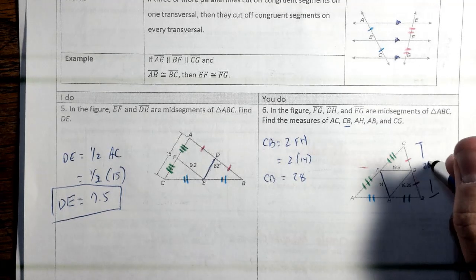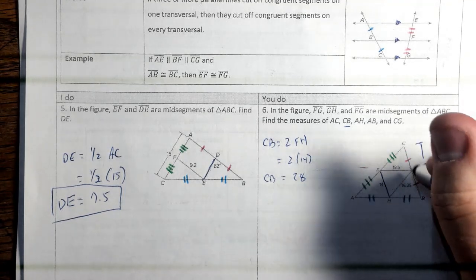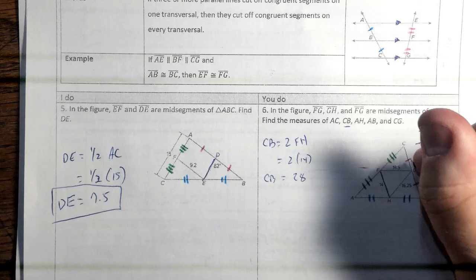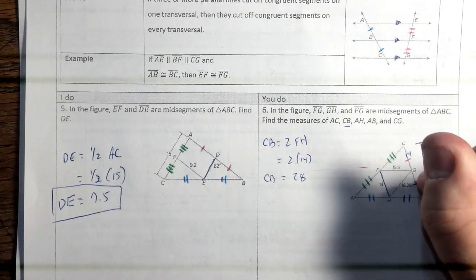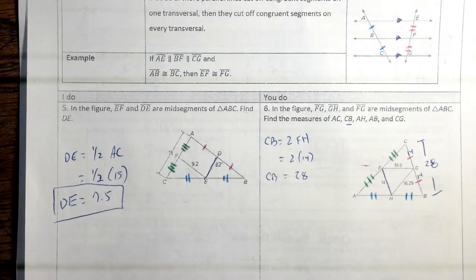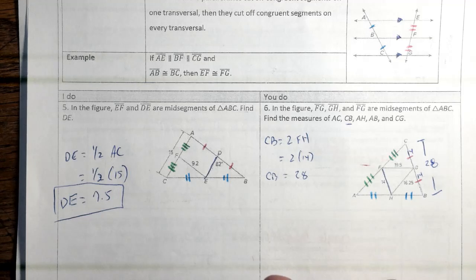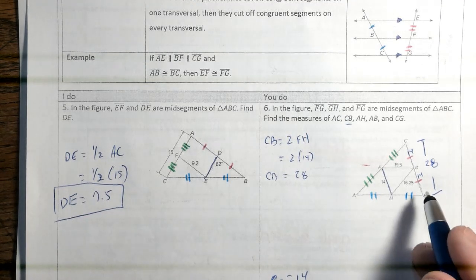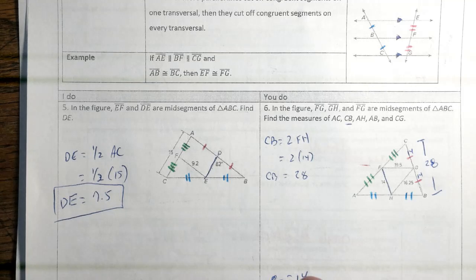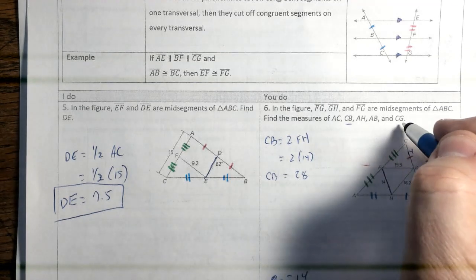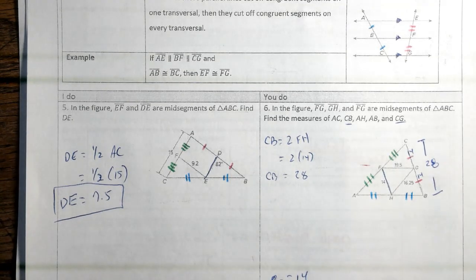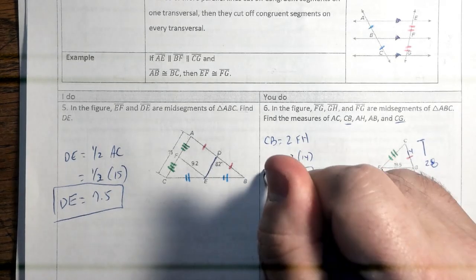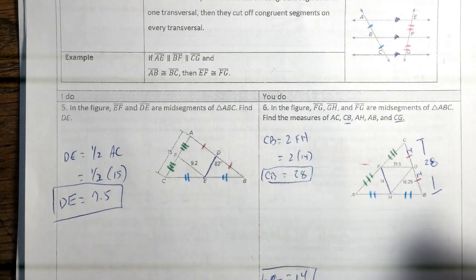If the whole thing is 28, and these guys are congruent, CG is 14 and BG is 14. That's that one. Just trying to make sure we get them all here. So we have this one and these two. What else do we need?